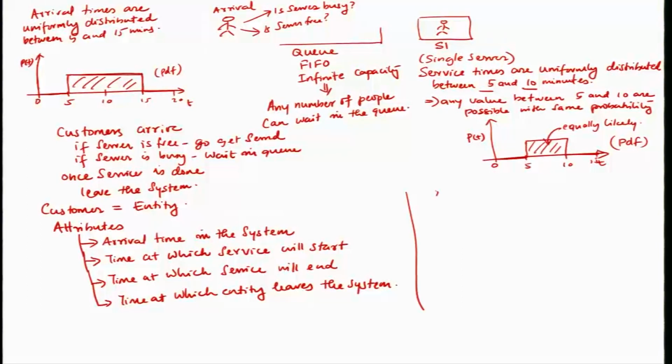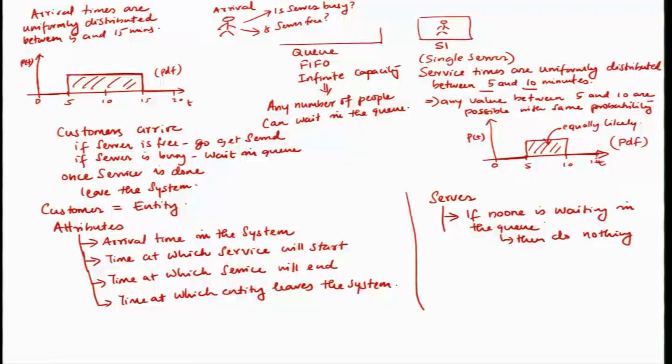If you look at the server logic, if no one is waiting in the queue and no one at desk, then do nothing. If there is nobody waiting in the queue and there is no one at the desk, then do nothing or remain idle.